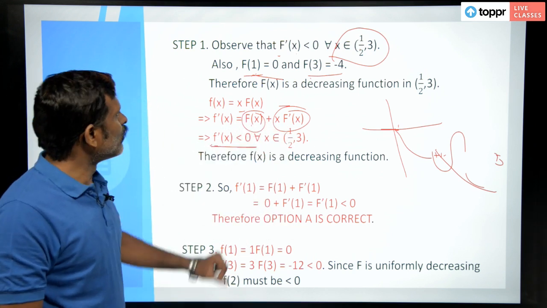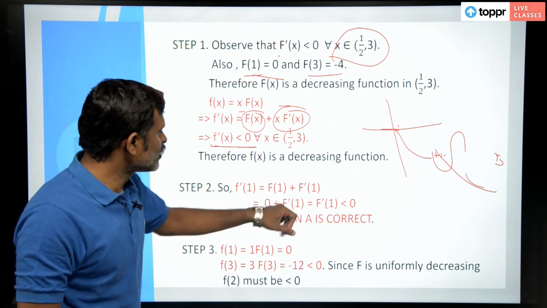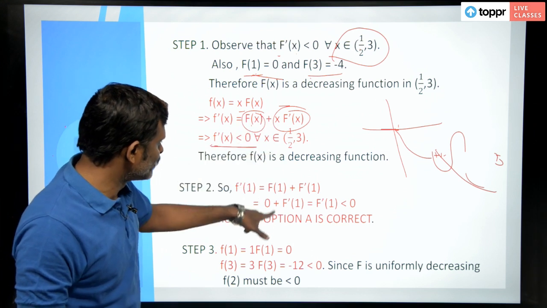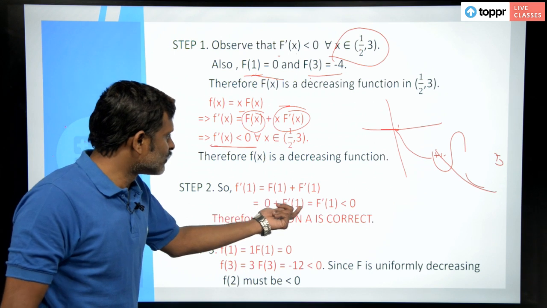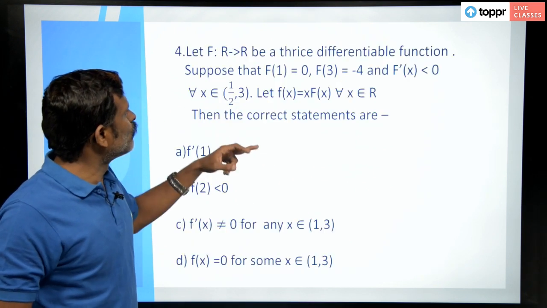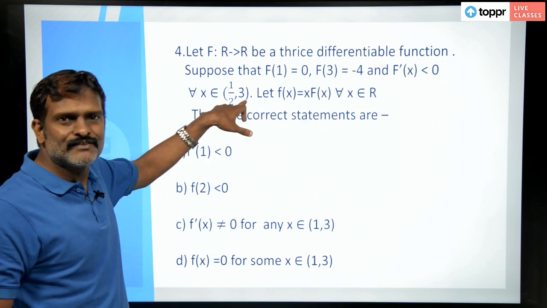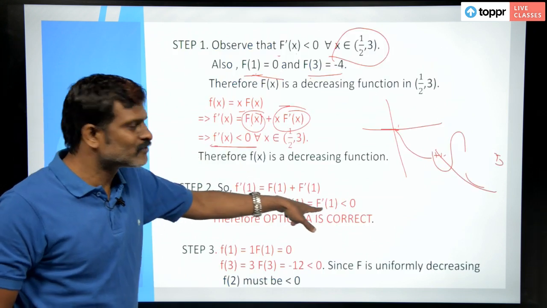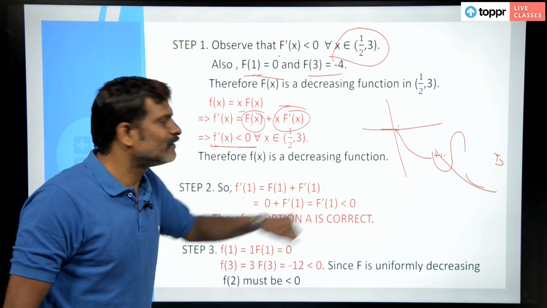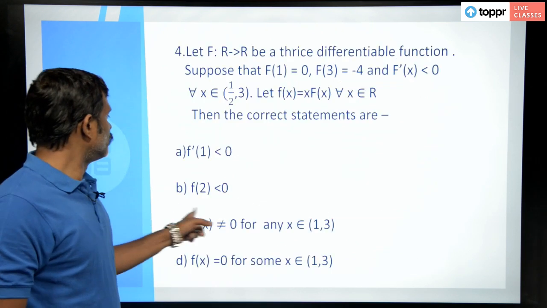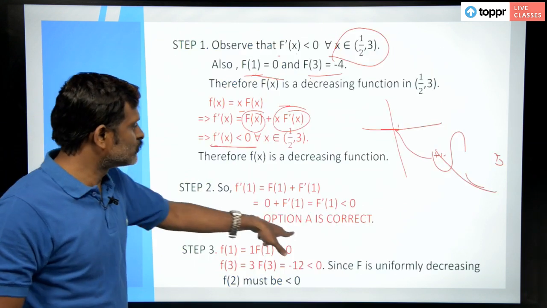Now, f of 1's value is 0, plus f dash of 1, and x is anyways 1, so whether you multiply or not, it is the same thing. So, what is f dash of 1? f dash of x is less than 0 in this interval, so f dash of 1 is also negative. So, f dash of 1 less than 0 is a correct option for us.